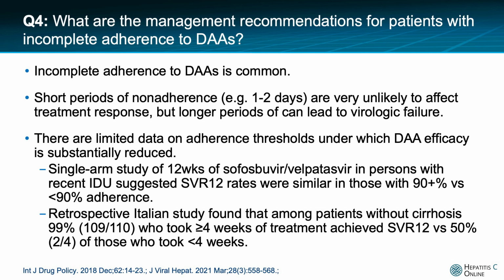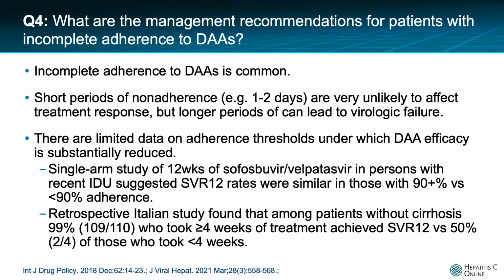In an international open-label, single-arm study of 12 weeks of sofosbuvir/velpatasvir for persons with recent injection drug use, 97% completed treatment, although 88% missed at least one dose, and 32% were less than 90% adherent.